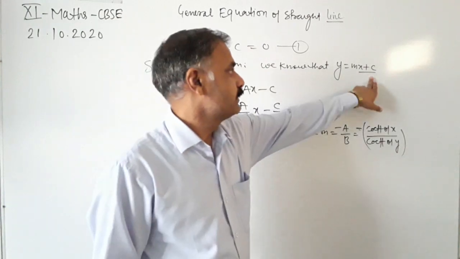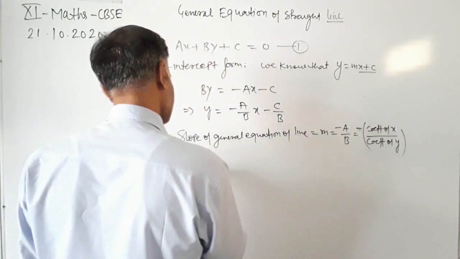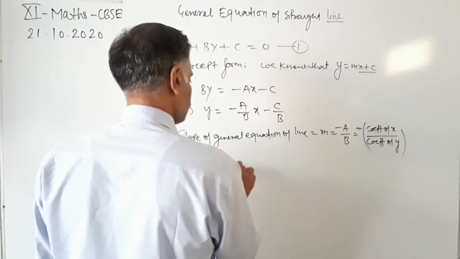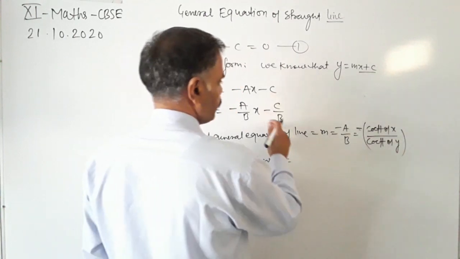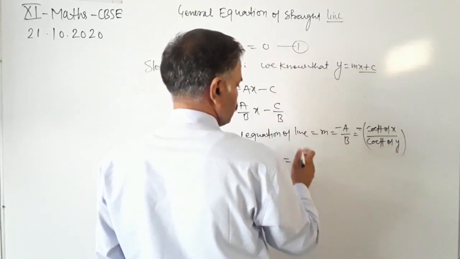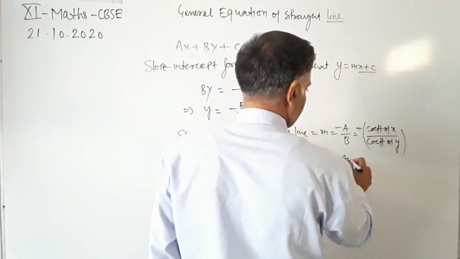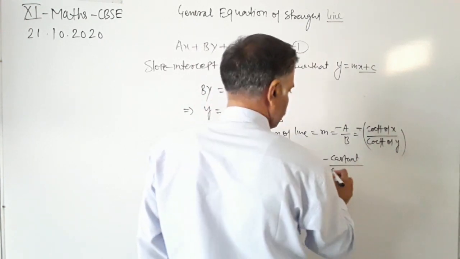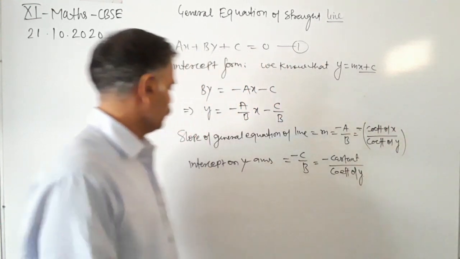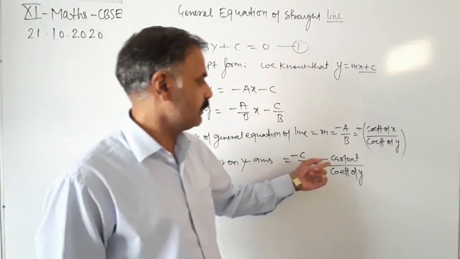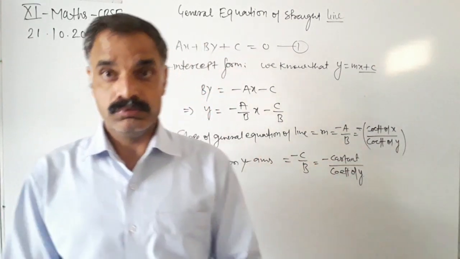Now c means the intercept on the y-axis. So the intercept on the y-axis equals minus c upon b, that is minus constant divided by coefficient of y.